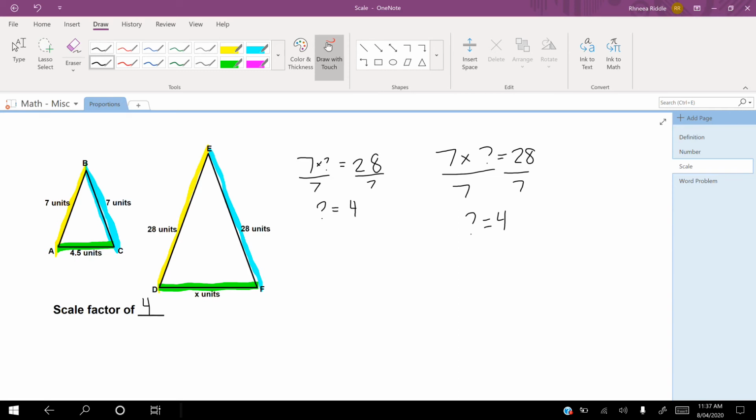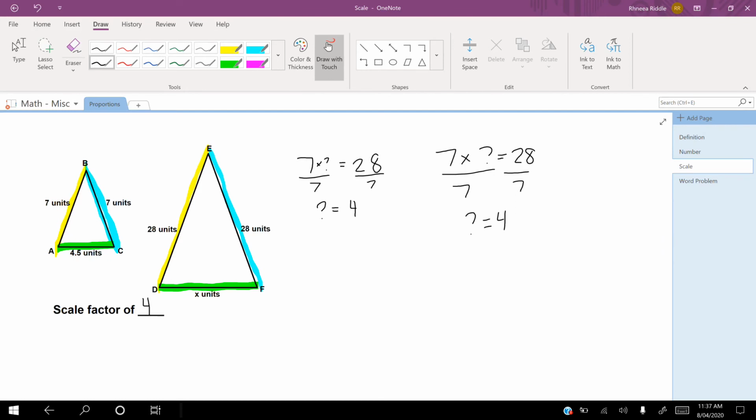So we found our scale factor, and now we have to find our last step, which is our x units. How long is that DF? Well, we know that all the other sides of the original triangle create the new one by a scale factor of 4. That should apply when scaling and enlarging AC to DF.